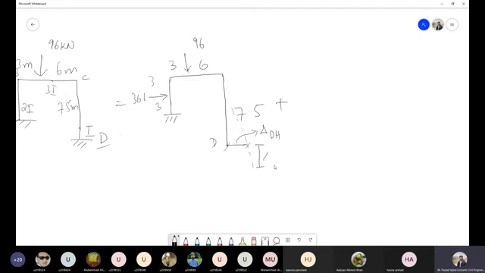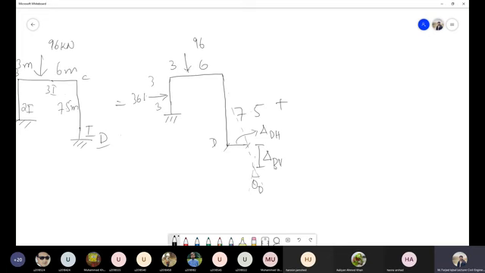This is our vertical deflection. I will call this delta DV. That means the vertical deflection at point D. And the third one is obviously our rotation. So that will be this, theta D. That means the rotation of this particular joint D.